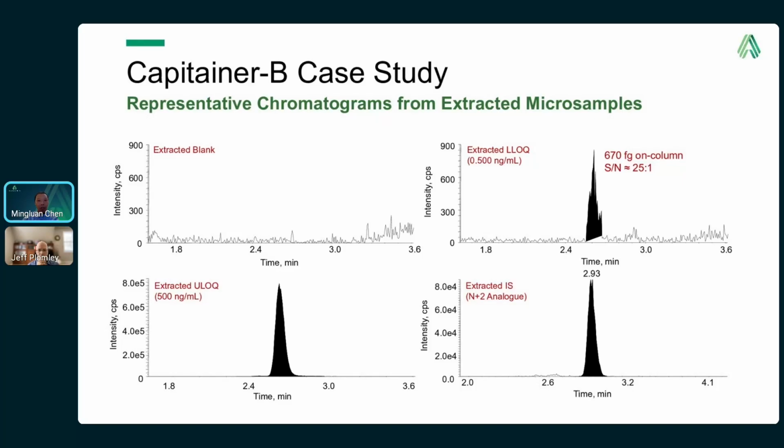The LOQ corresponds to 670 femtograms loaded on column with a signal-to-noise ratio of 25:1. Importantly, these results were obtained from just 10 microliters of Capitainer B microsamples, which is a 10-fold reduction compared to a conventional plasma-based method that typically requires 100 microliters.